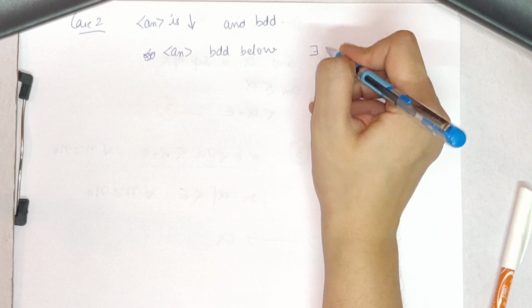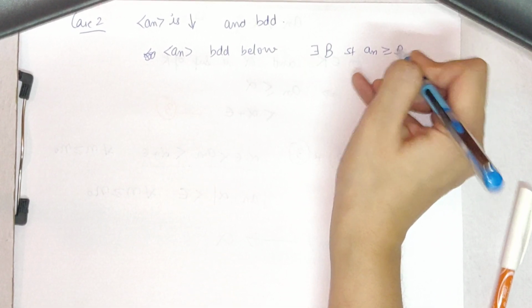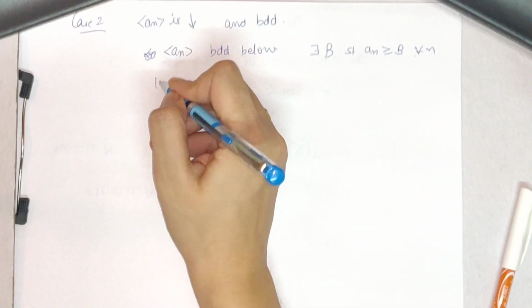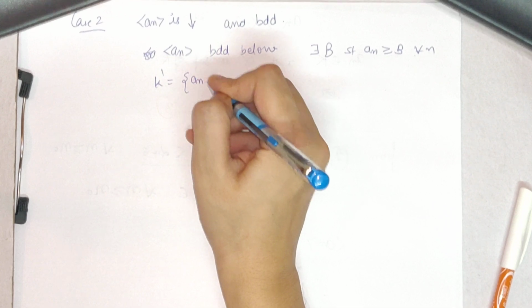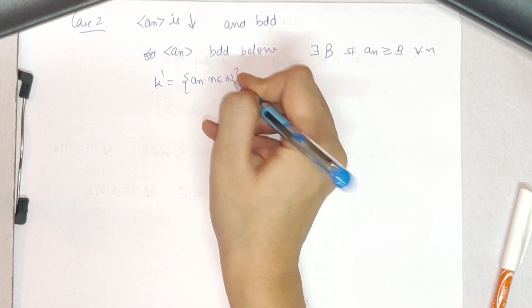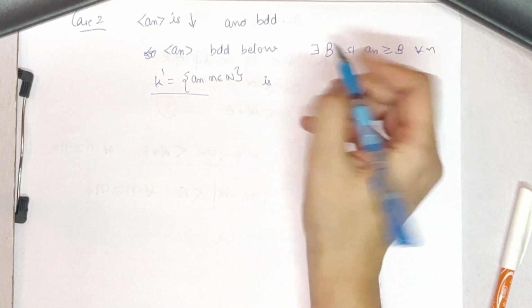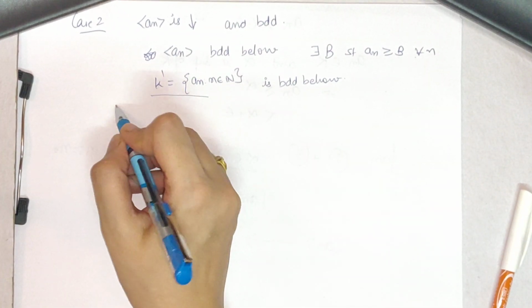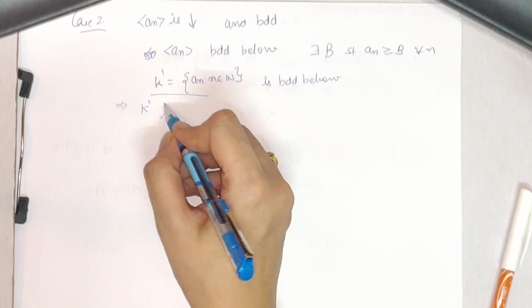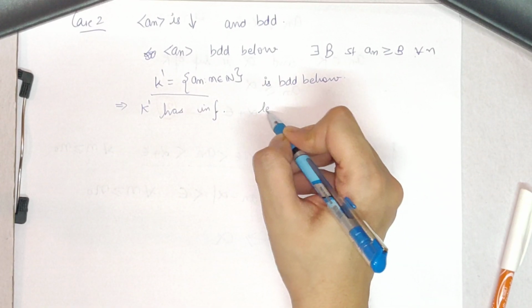This shows existence of some b such that an is greater than or equal to b. Let K dash be the set of all the elements of the sequence. Then this set is bounded above and bounded below. So this will give you that K dash has an infimum. We'll call it beta.